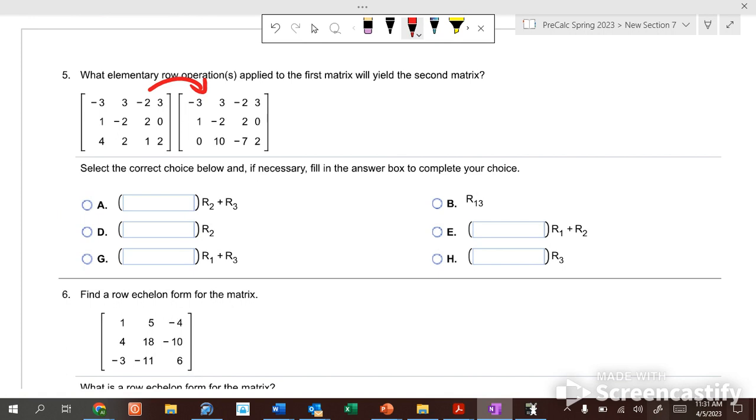So how did we do it? We must have multiplied something by something and added it to something to get 0 there. So if I multiplied negative 3 times something, how do I get rid of 4? Well, the easiest thing is multiply this by negative 1 and add it to 4 to get 0 there, right?